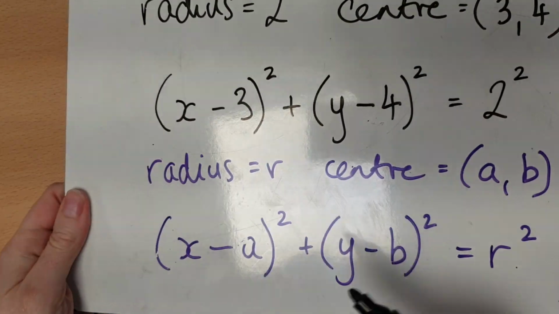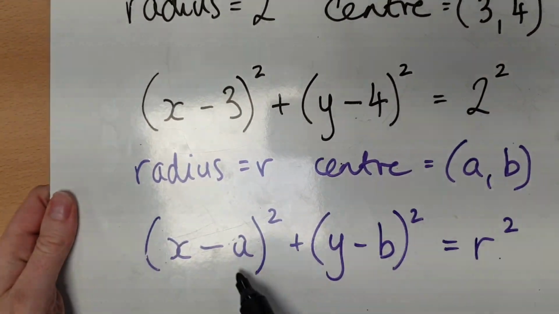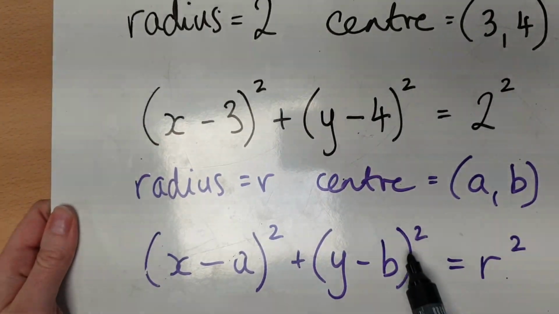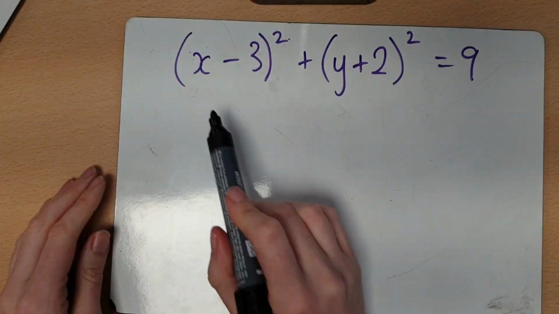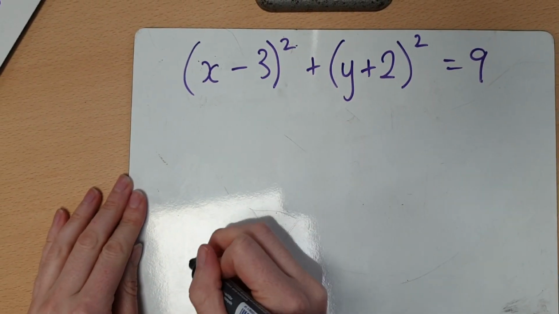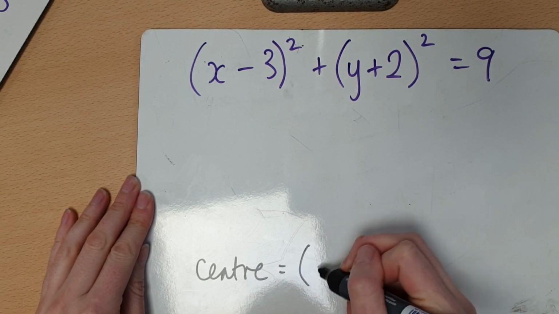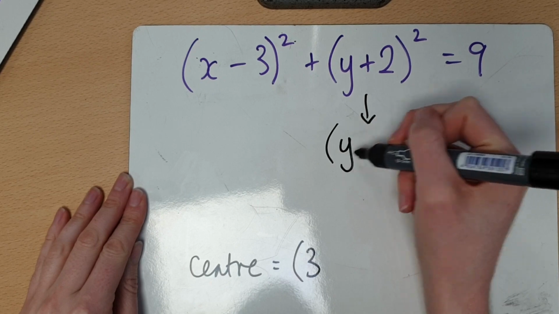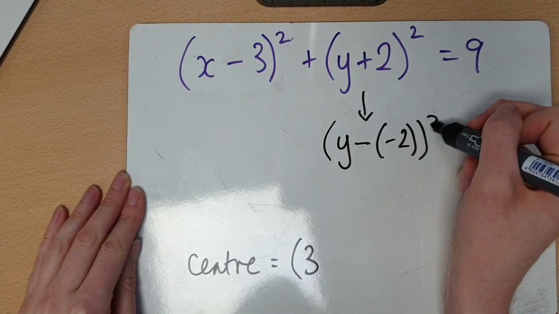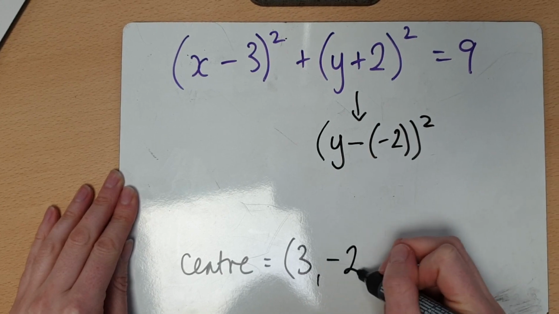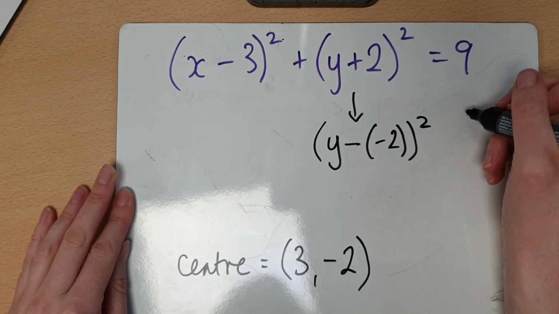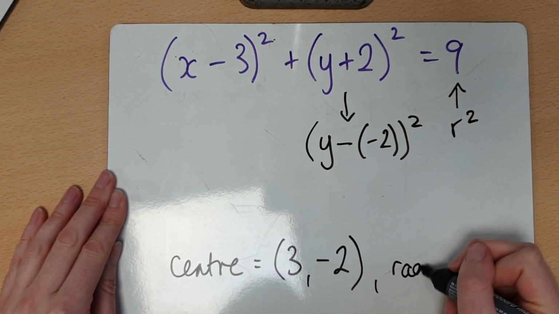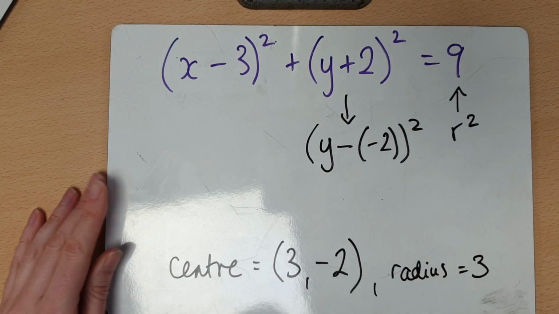The original format is supposed to be x minus a, and that will give you your x coordinate of the centre, y minus b, that is your y coordinate of the centre. So here we've got x minus 3, so our centre has x coordinate 3, but this is y plus 2, which is really y minus negative 2. So the y coordinate of the centre is −2. And the radius will be the square root of this number here, so the radius is 3.